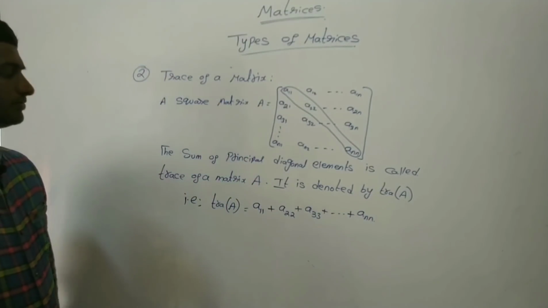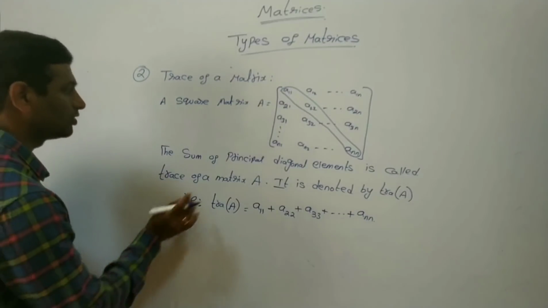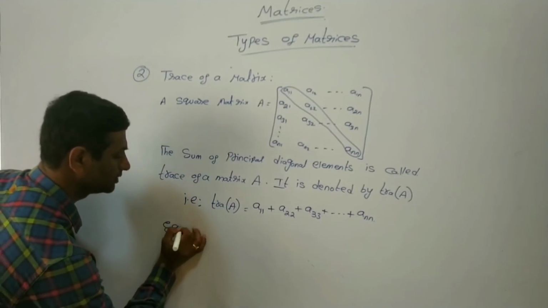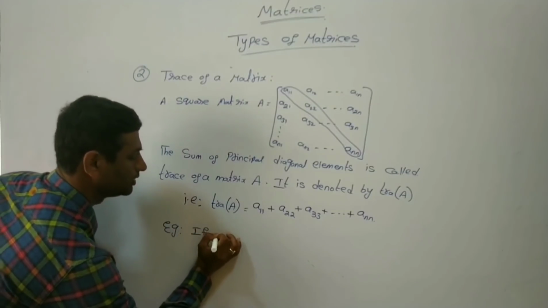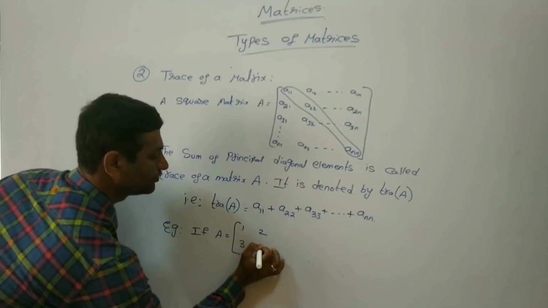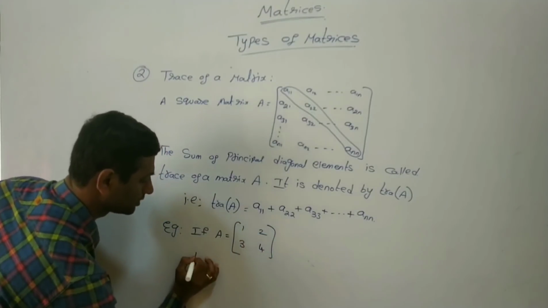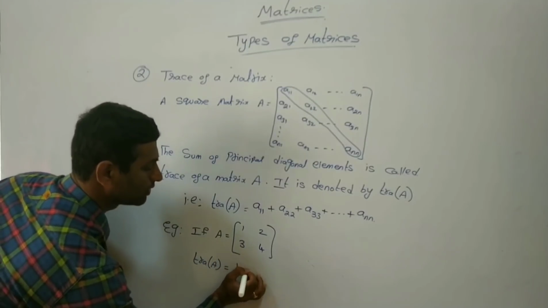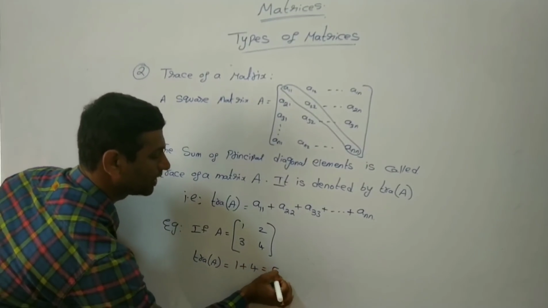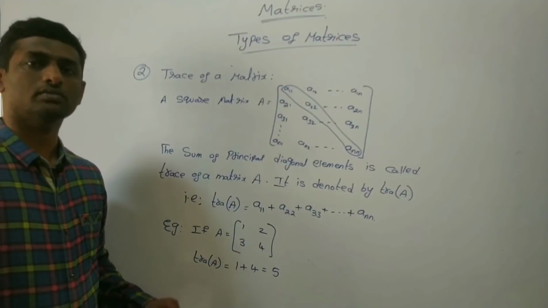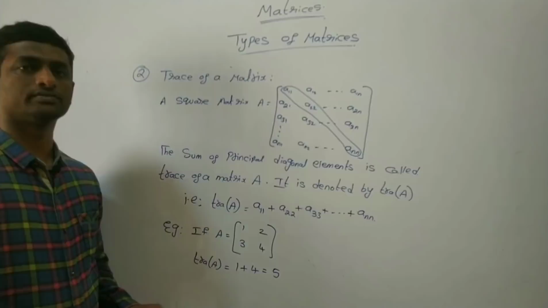For example, we'll see a small example on the trace of the matrix. If A is equal to 1, 2, 3, 4, then trace of A is equal to 1 plus 4, that is 5. That is the trace of a matrix.